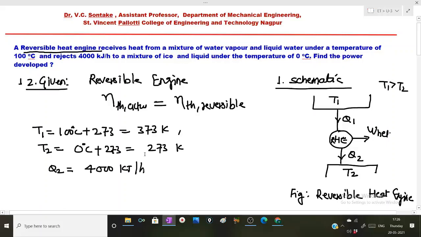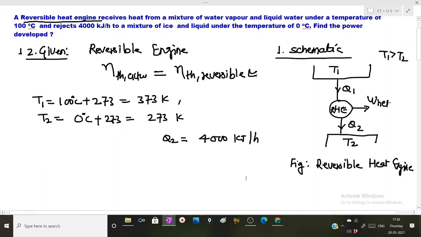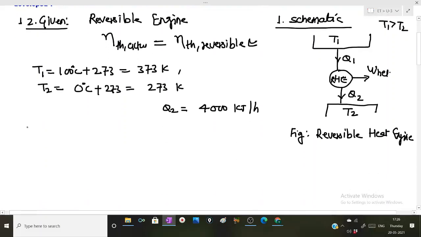Any query? Now, very vital information has been given to you. When I am saying the given engine is a reversible heat engine, eta thermal actual will be equal to eta thermal reversible.